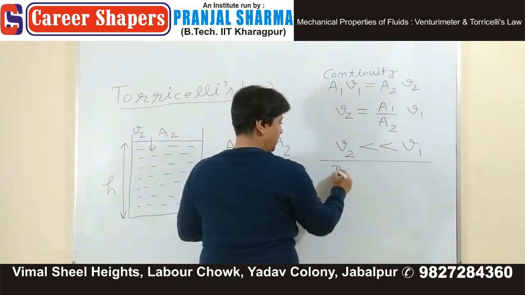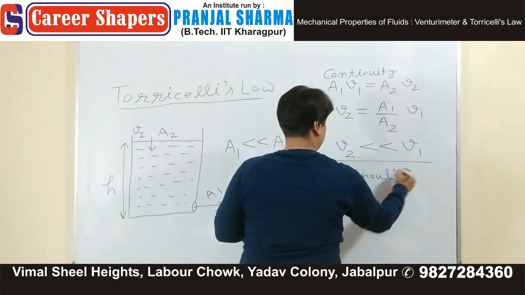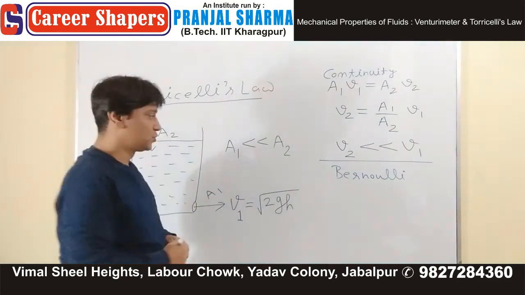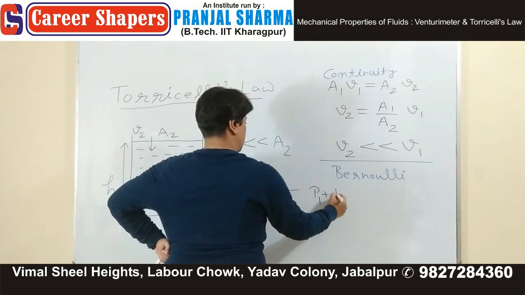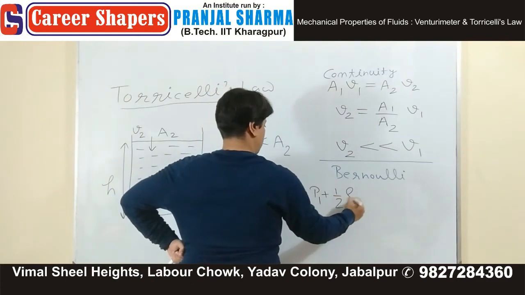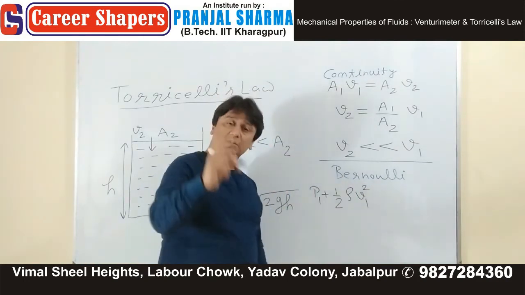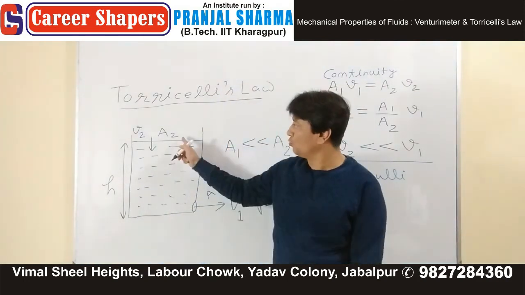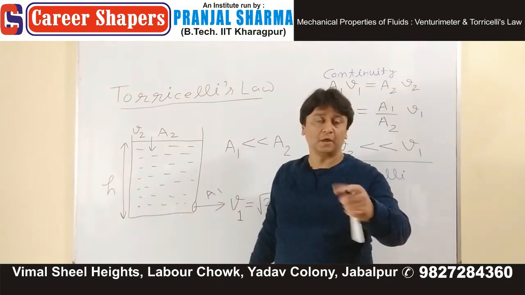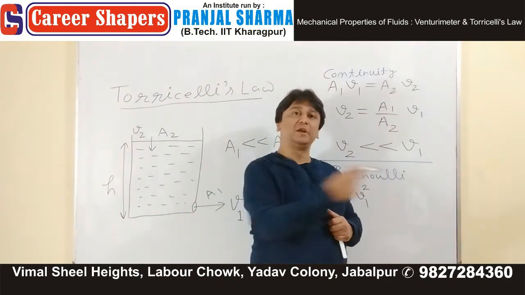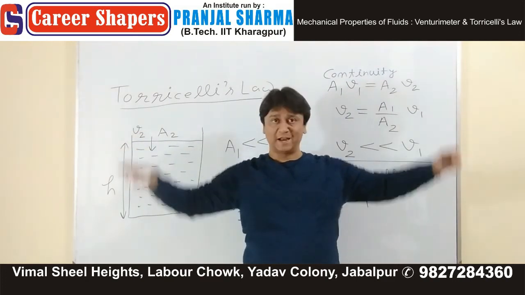Let's use Bernoulli. Bernoulli tells us what? P1 plus half rho V1 square, but this time we are talking about two places which are not at the same height. While dealing with the Venturi meter, we were dealing with two cross sections which were at the same height.